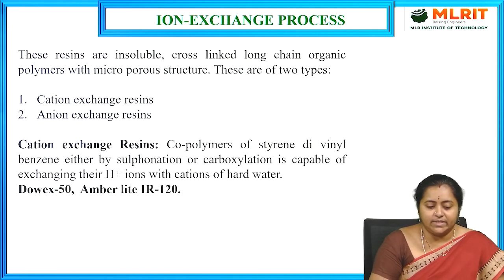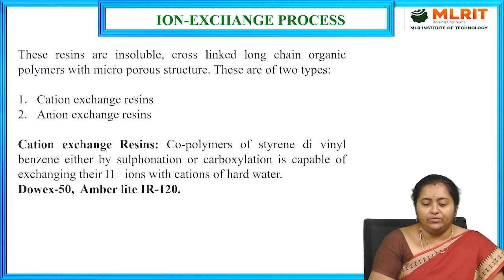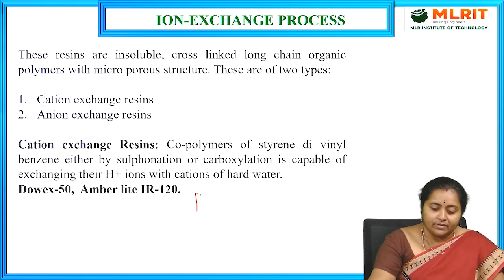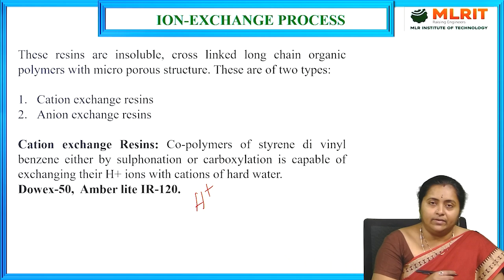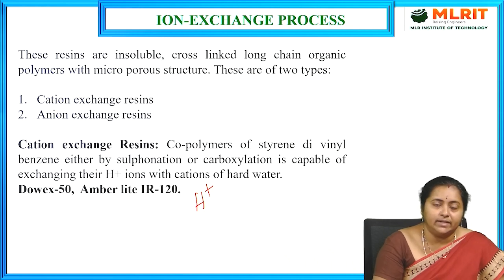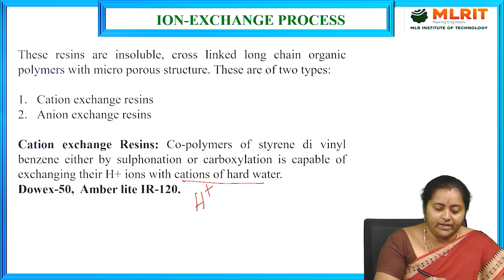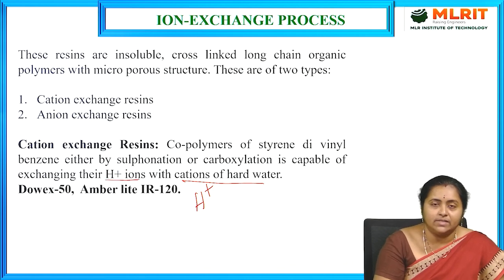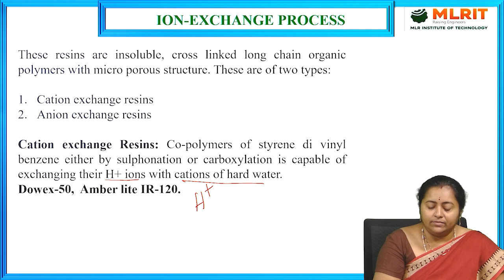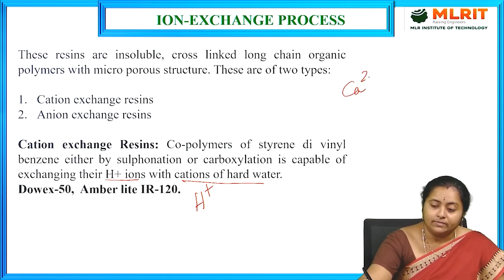Let us see what these two are. Cation exchange resins are defined as the resins which are capable of exchanging their H plus ions with cations present in the hot water. What type of cations are present in the hot water? We know that calcium and magnesium ions are present as cations.